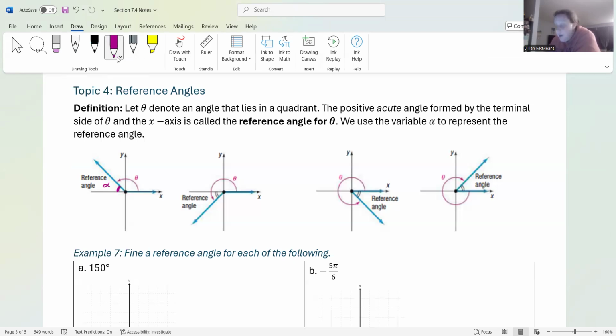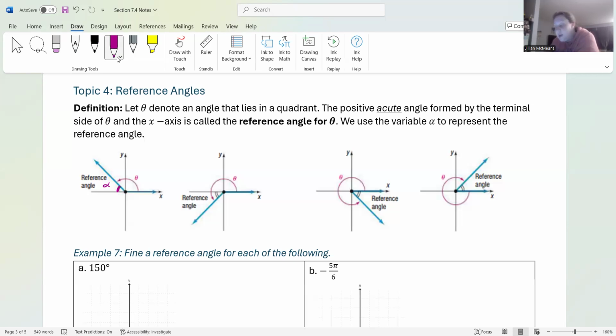Basically you're wondering how much further would I need to go to get to the x-axis, or how far past the x-axis did I go? So in this first drawing, the reference angle represents how much further we would need to go to get to the x-axis.